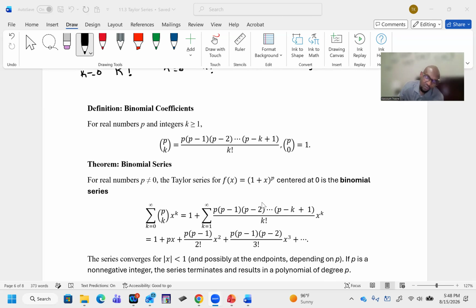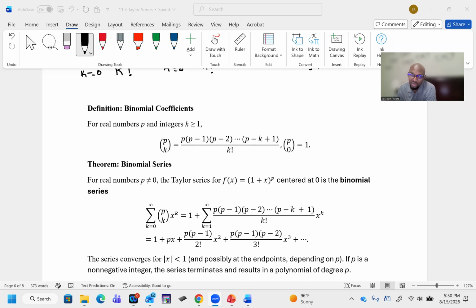Definition: for real number p and integers k greater than or equal to 1, we have p choose k is equal to p times p minus 1 times p minus 2 up to times p minus k plus 1 divided by k factorial.